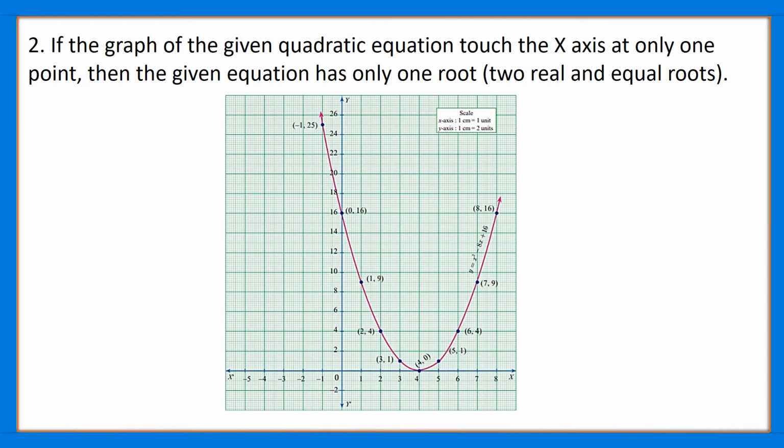So the solution for this quadratic equation is nothing but 4, 4. And therefore the nature of the roots is real and equal. So remember, if the parabola intersects the x-axis at only one point, then the given quadratic equation has two real roots and those two real roots are equal.